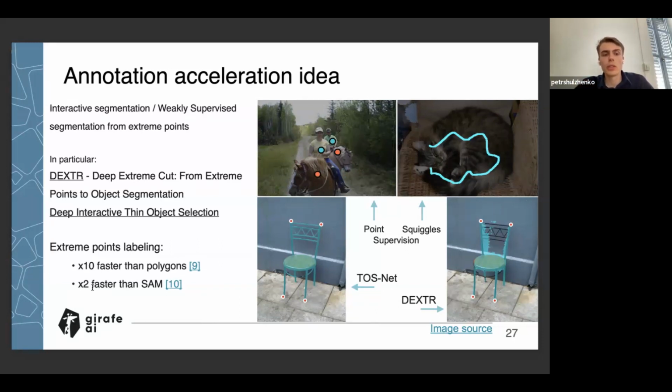And it's even faster. I'm not entirely sure about the factor of 2, because I didn't actually make a scientifically proven test, etc. But yeah, it's something like 2000 faster than the segmentation anything model, which is kind of hyping right now.